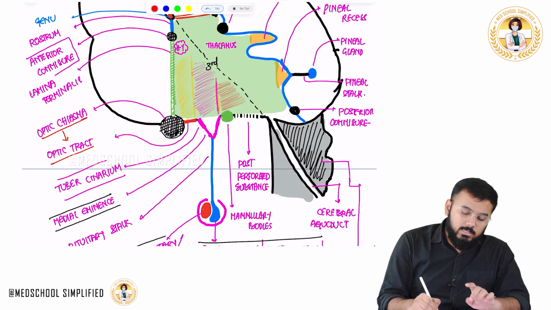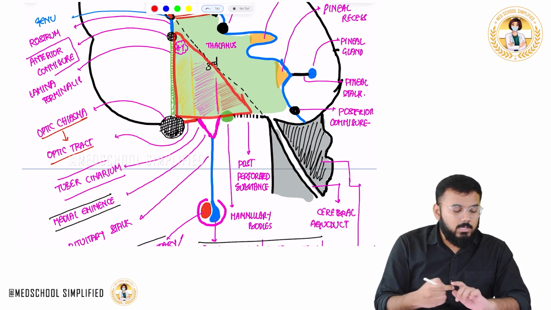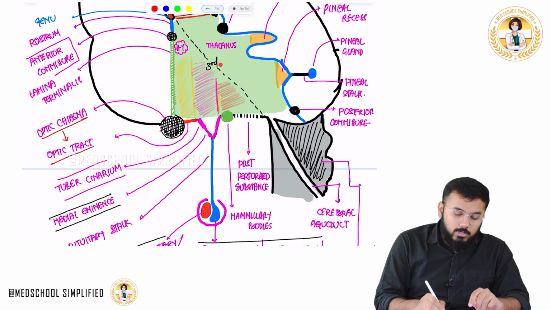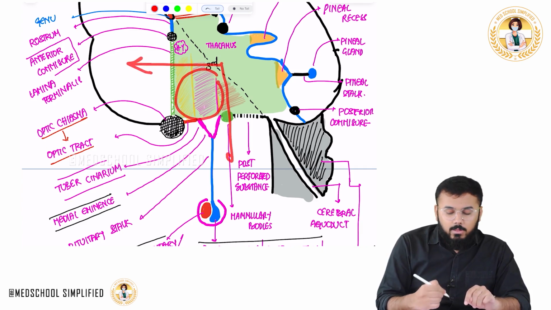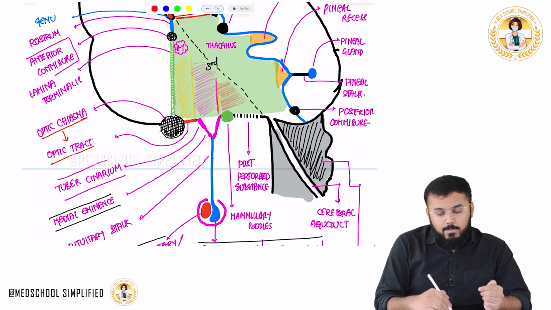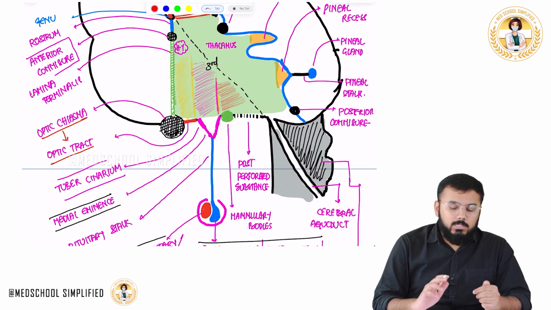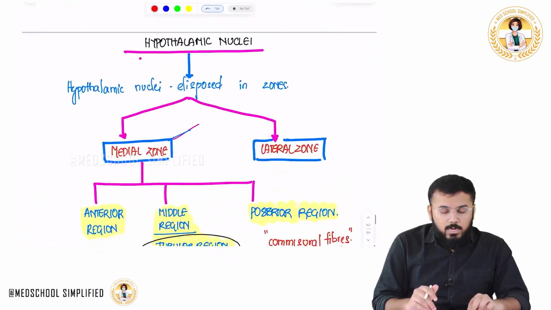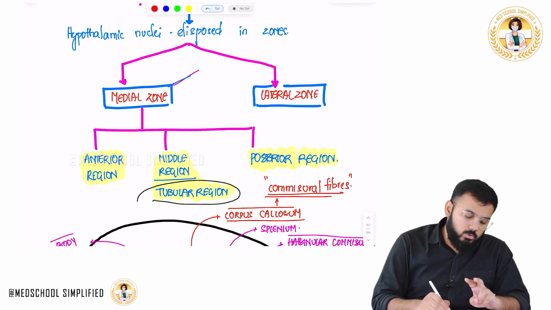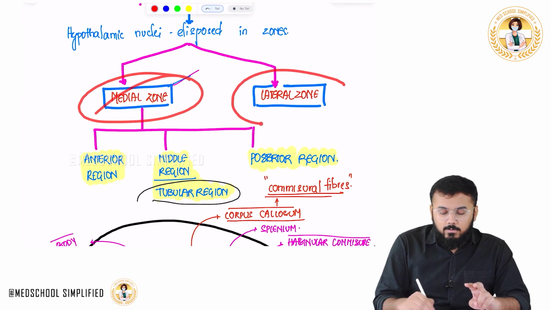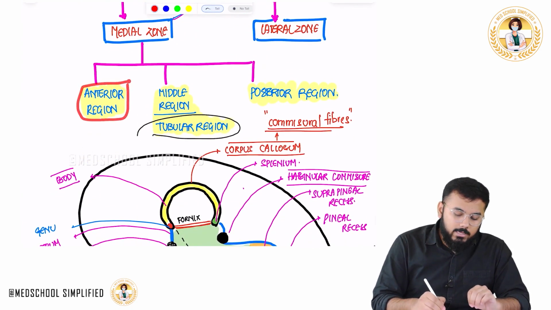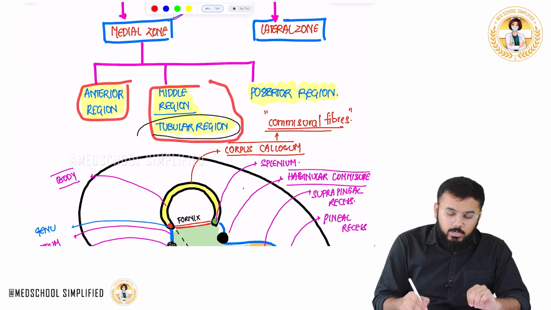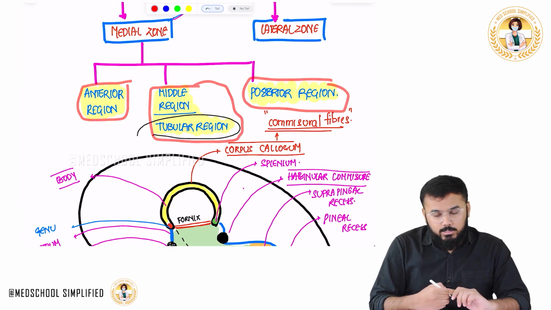If this entire part is your hypothalamus, the anterior part is this one, the inferior part is this one, and in between, in the anteroinferior region, you have got the hypothalamic nuclei. Hypothalamic nuclei are disposed in two zones. One is called the medial zone and the other is called the lateral zone. The medial zone again has three: the anterior region, middle region, and the posterior region.